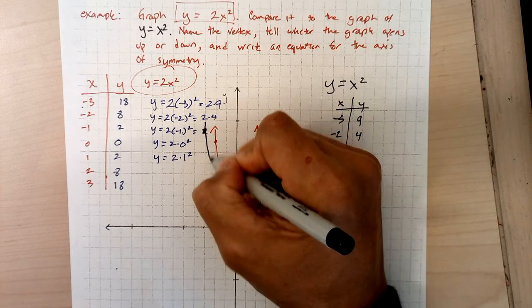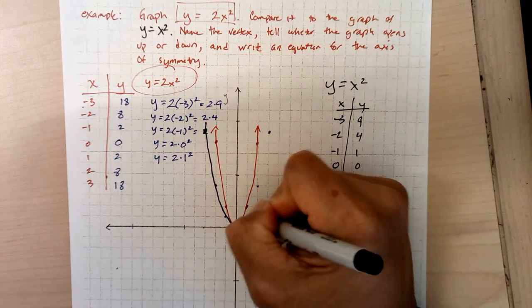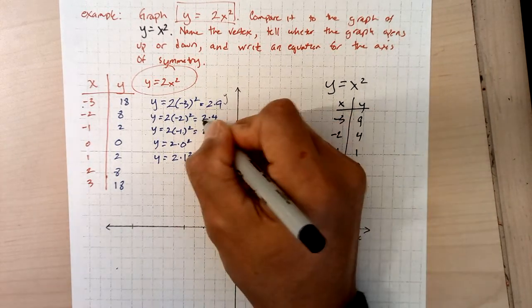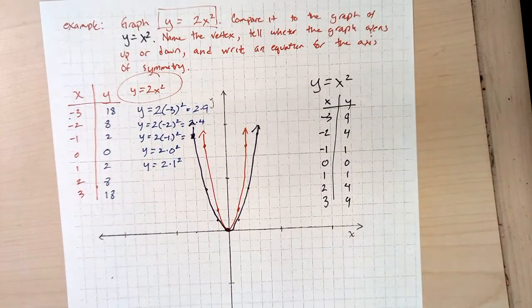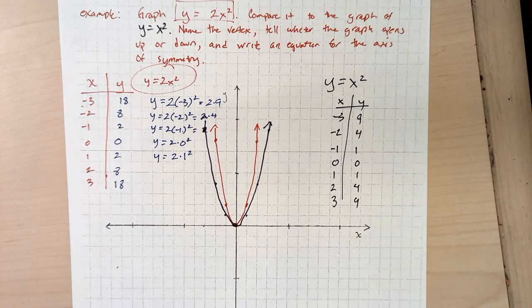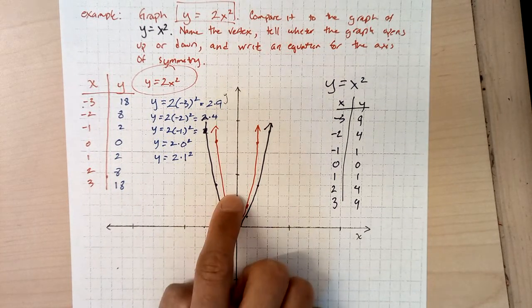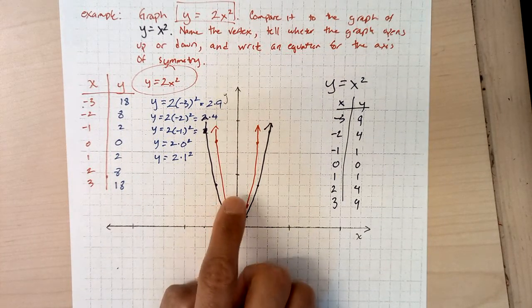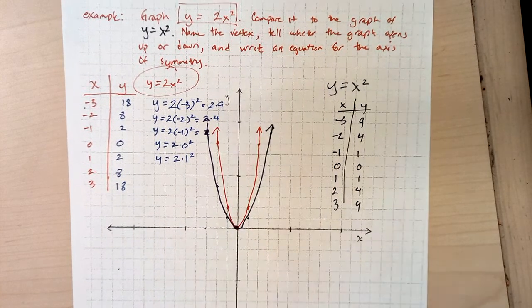And the graph looks like this. And then it said compare it to the graph of y equals x squared. So what I'm doing right now is comparing the red graph, y equals 2x squared, to the black graph, y is equal to x squared.